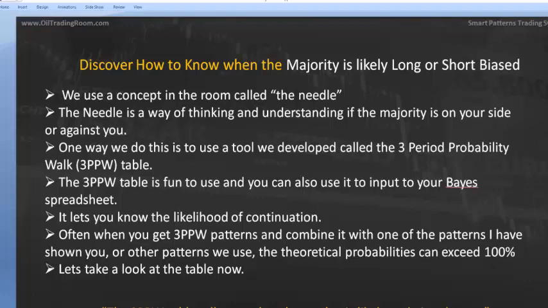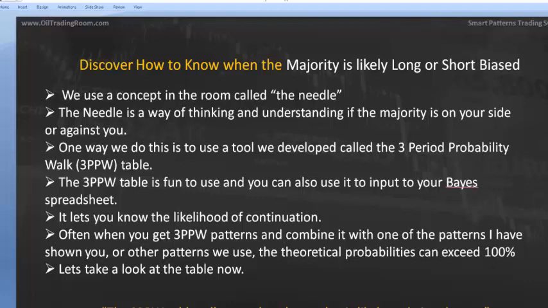What the probability walk table does, or mapping, is it lets you know the likelihood of continuation under any given circumstance. So often when you get a 3-period probability walk pattern and combine it with one of the patterns that I've shown you so far, like the box or the 3-dot pattern, or other patterns that we use in the room, the theoretical probabilities can exceed 100%.